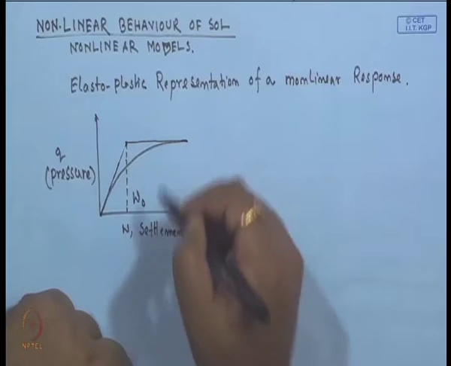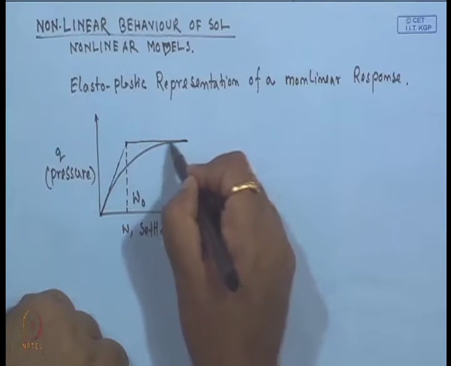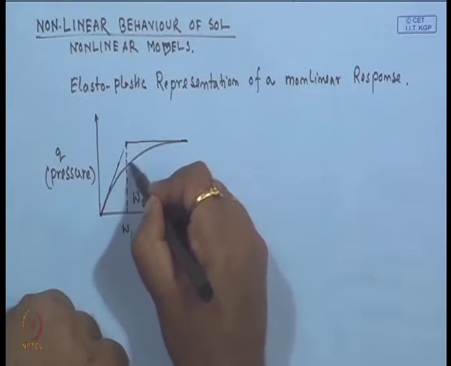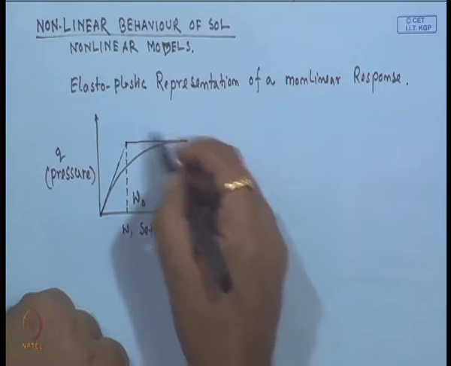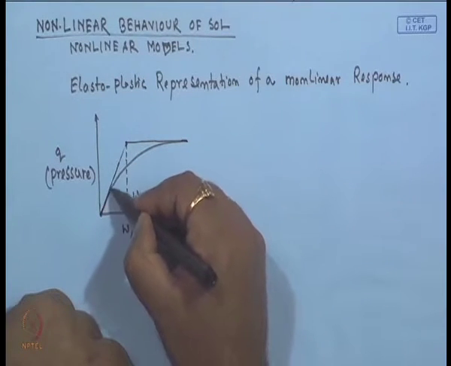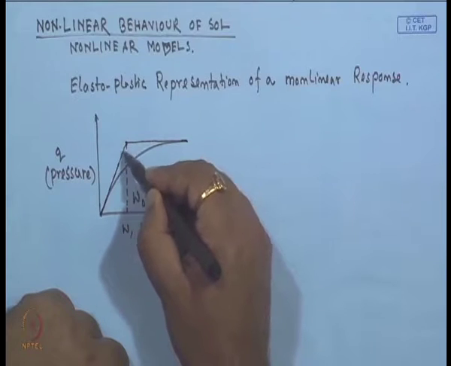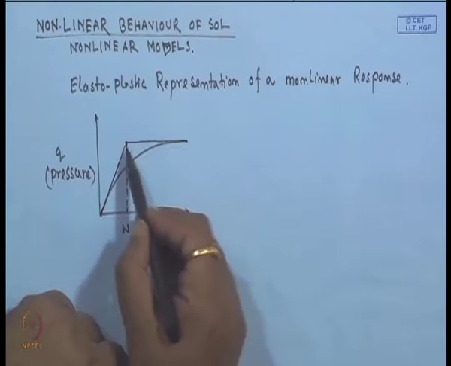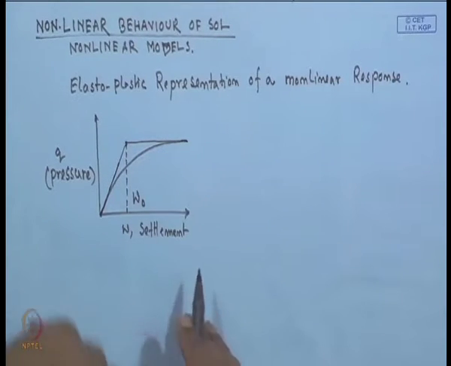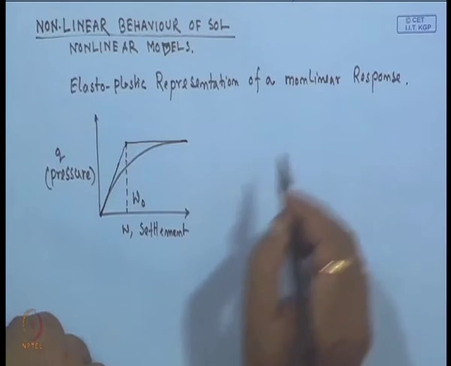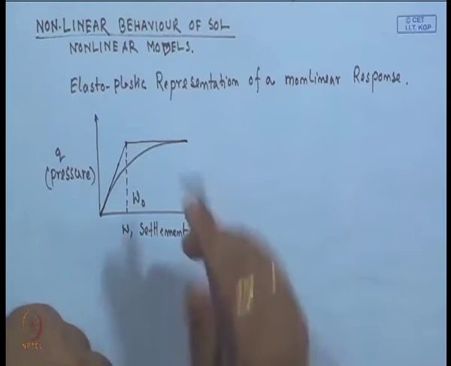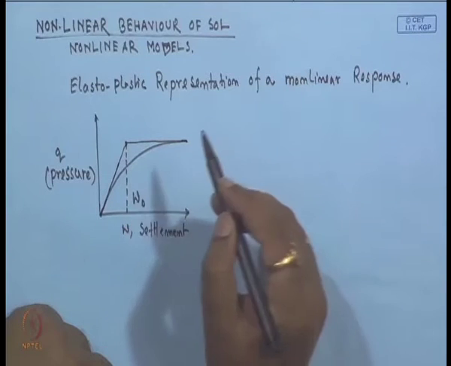So, this nonlinear response of the soil, which is the actual response, is now converted to a linear thing for the elastic initial portion, then the plastic, that is the elastoplastic response. So, we are converting this nonlinear response to an elastoplastic response.